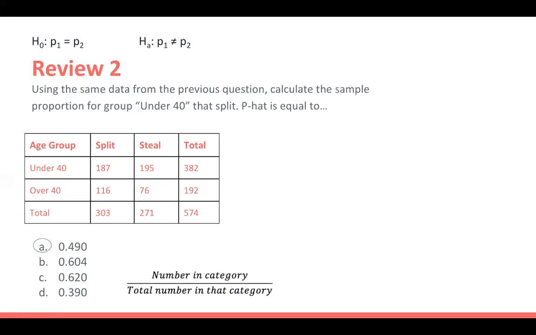Our category here is under 40, and the number in that category who split is 187. Divided by the total number in that category, 382, we get a p-hat of 0.49.